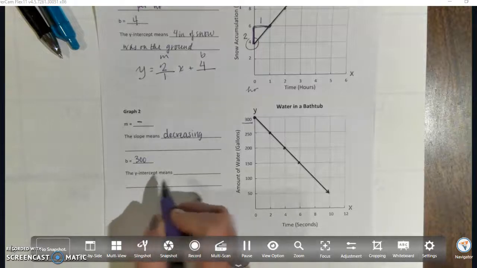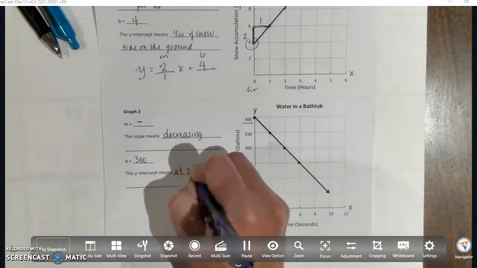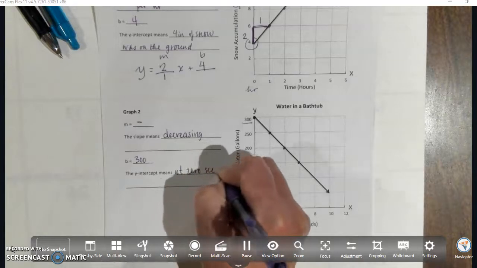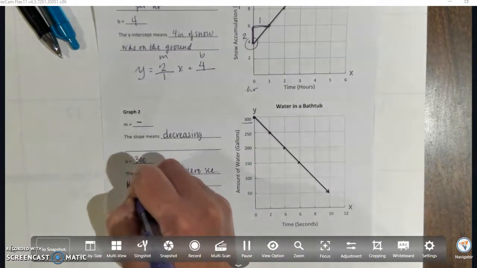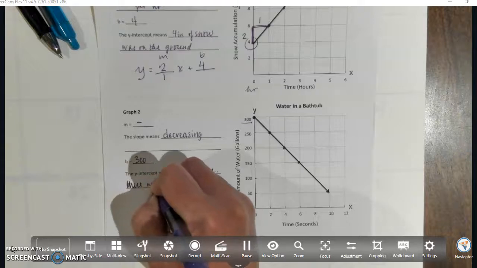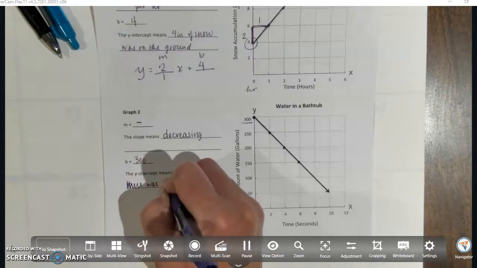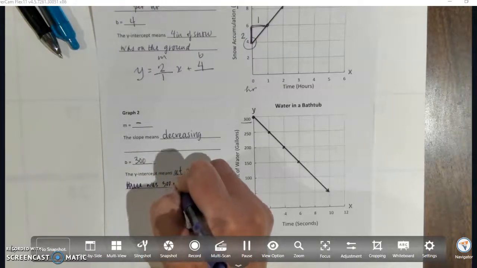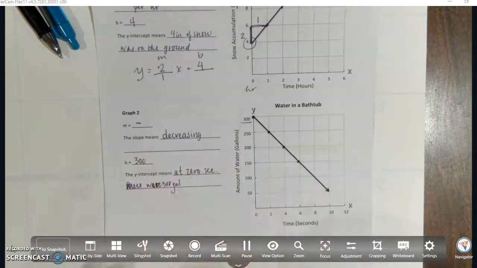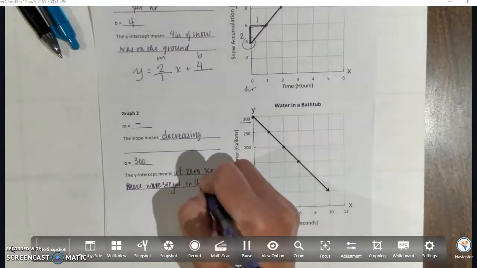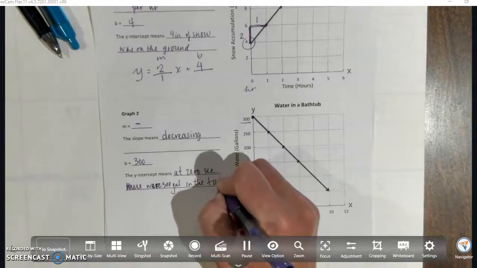So the y-intercept means at 0 seconds there were 300 gallons in the tub.